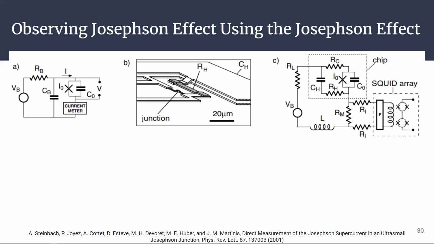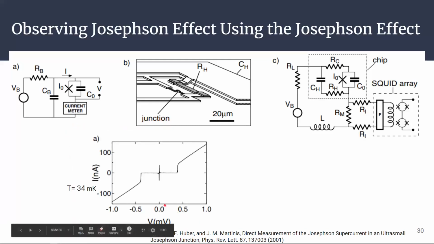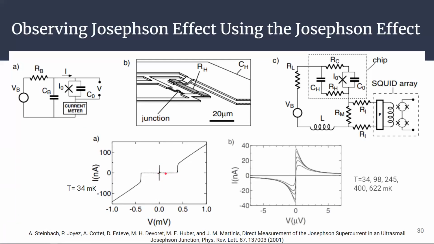So here, the data they measured is actually for 0 volts, they have the DC effect, and we can clearly see the net current here, and they zoomed in here, which is for different temperatures.